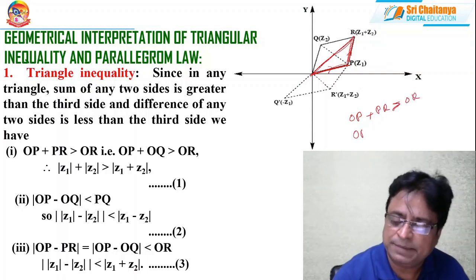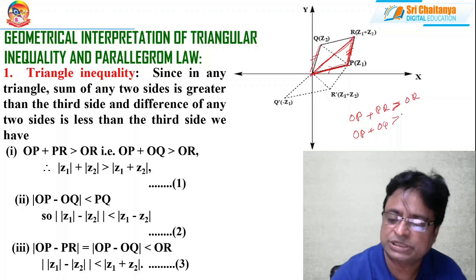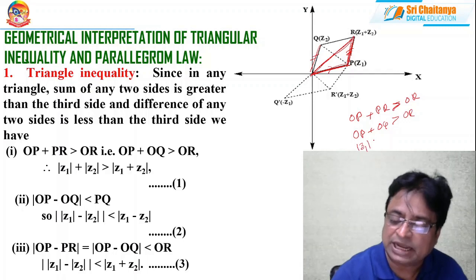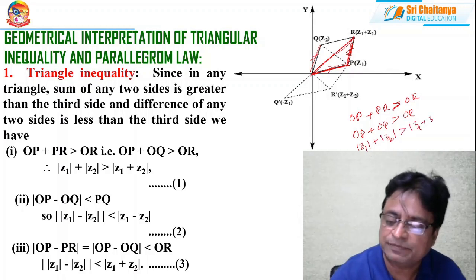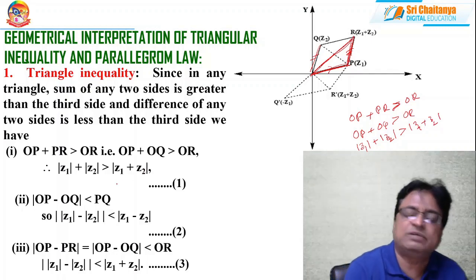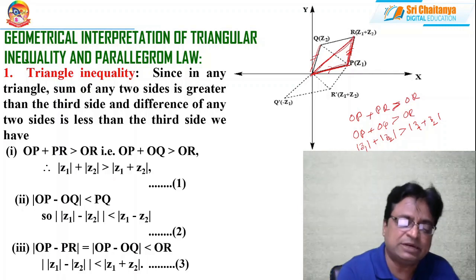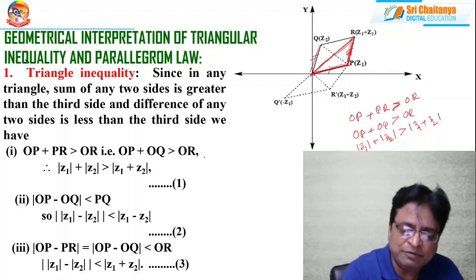But PR is nothing but OQ, because these two are parallel, and in a parallelogram the side lengths are equal. So OP plus OQ is greater than OR. OP is the magnitude, which I can represent as mod Z1, and OQ as mod Z2, which is greater than OR, that is mod of Z1 plus Z2. That's why mod of Z1 plus Z2 is always less than mod Z1 plus mod Z2. If any one of the complex numbers is equal to 0, then equality holds. Similarly, we can prove the remaining also.